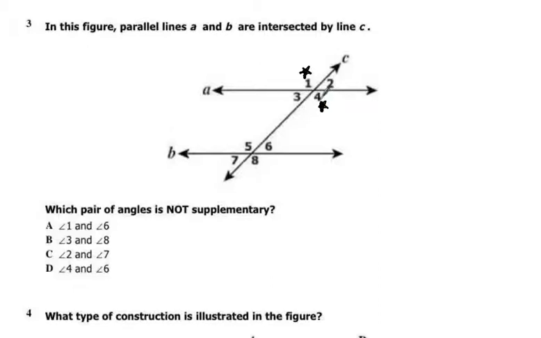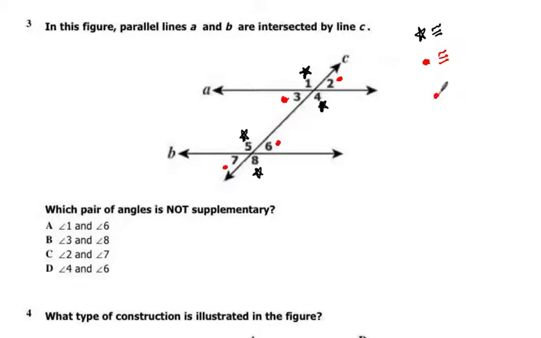What else? 5 and 8. You got it. And then these, I'll just do like a circle. Which ones are not supplementary? Remember, all the stars are congruent. All the circles are congruent.